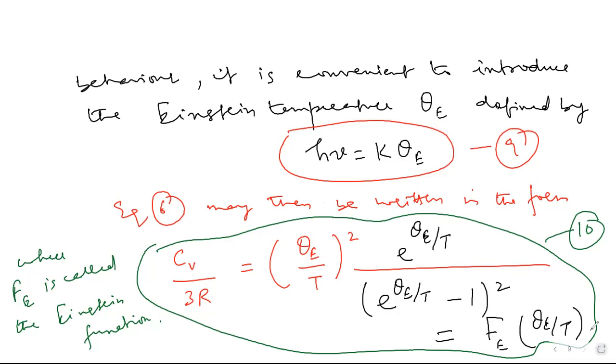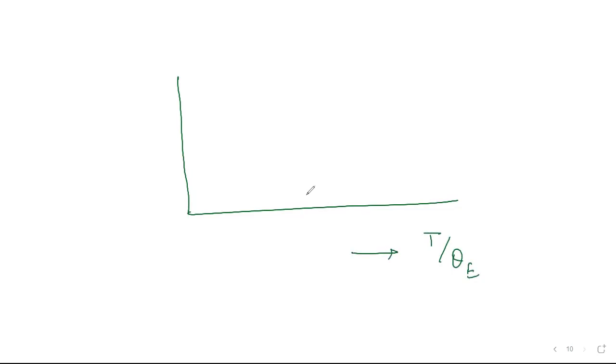I will show you the graph of the Einstein function. Approximately, on this side you have T over theta E. On this side we have the Einstein function FE of theta E by T. Let me draw this function.